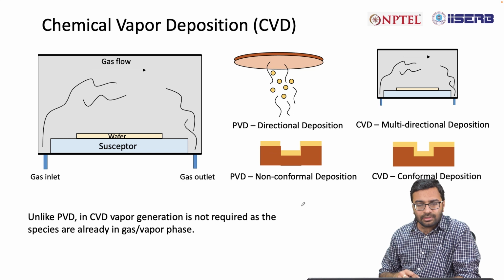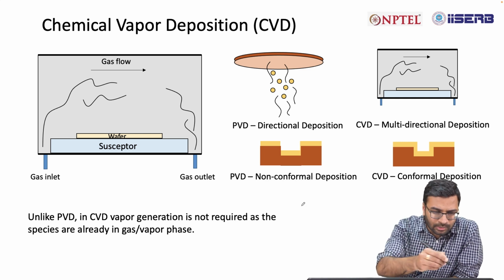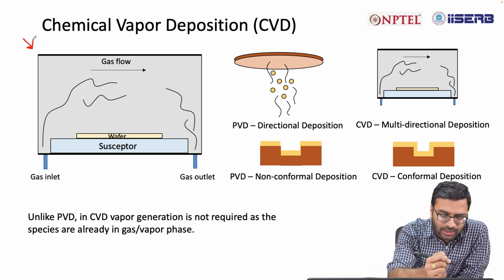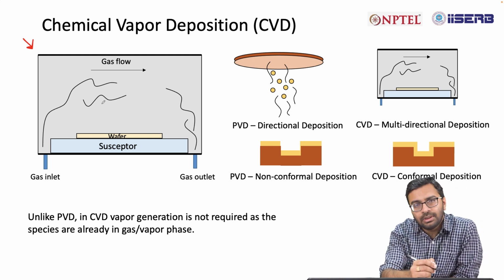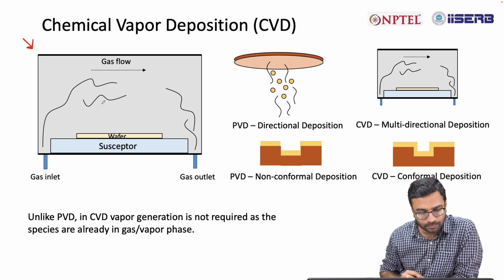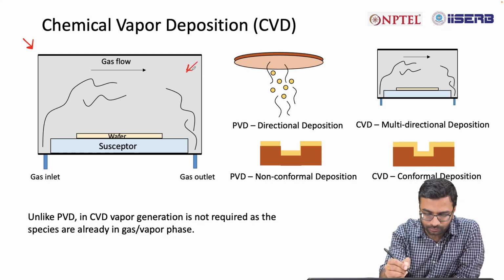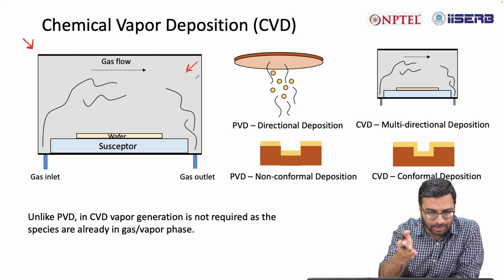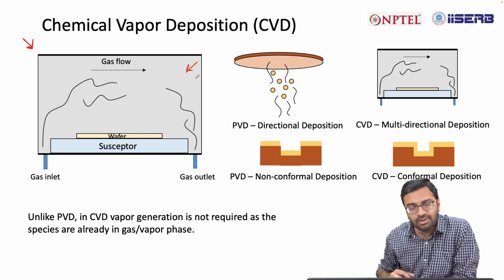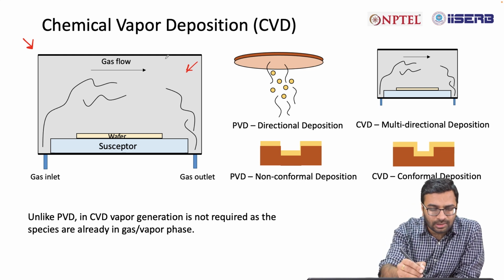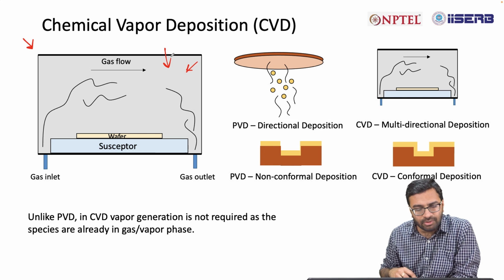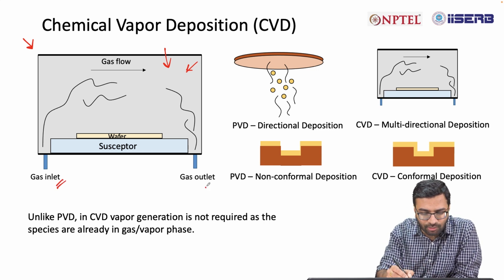Now here I have shown the scheme of a chemical vapor deposition technique. Unlike physical vapor deposition, in chemical vapor deposition we use multiple gases inside the chamber. There is a chamber in chemical vapor deposition as well. We had a vacuum chamber in case of physical vapor deposition, but in this case we use a chamber which has a gas inlet and a gas outlet.